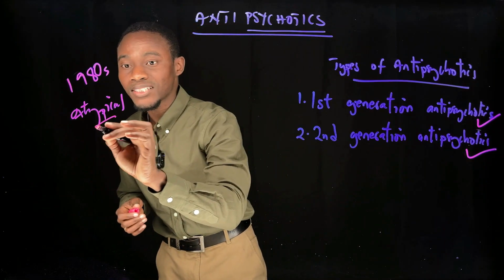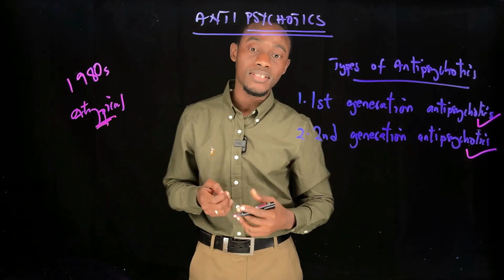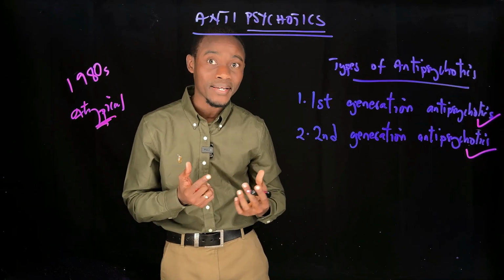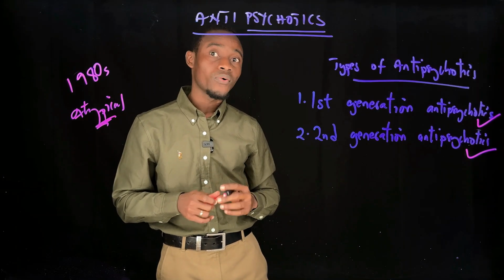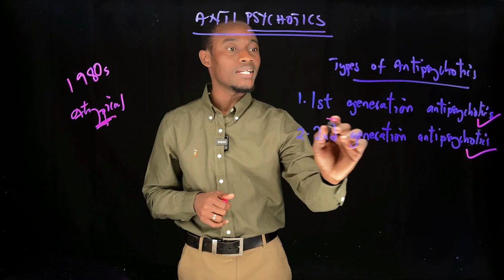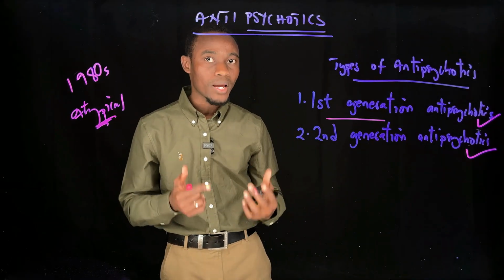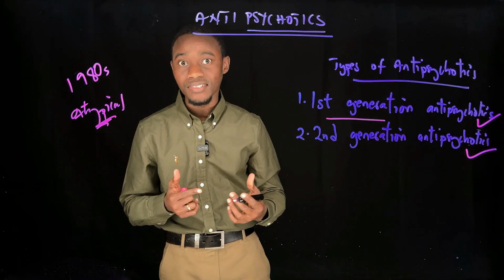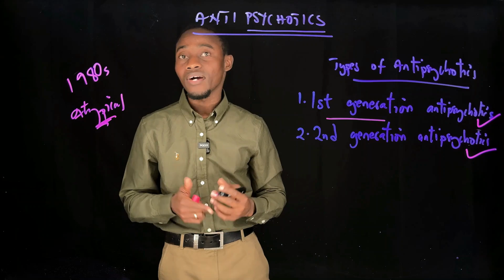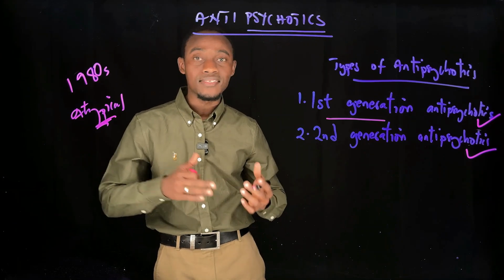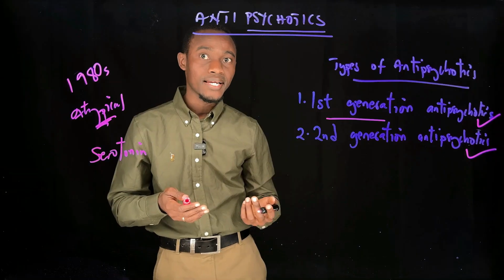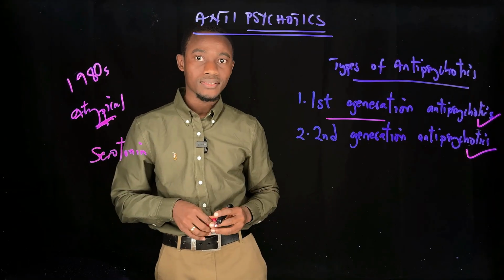They are called atypical antipsychotics because they don't work in the way that a typical first-generation antipsychotic works. If you remember, we have already explained that first-generation antipsychotics work primarily by blocking dopamine activity in the brain, but atypical antipsychotics work by blocking dopamine and then serotonin, hence their name, atypical antipsychotics.